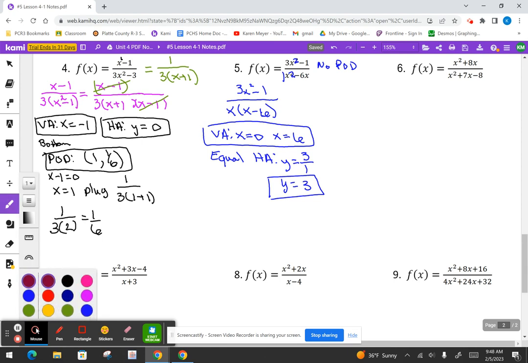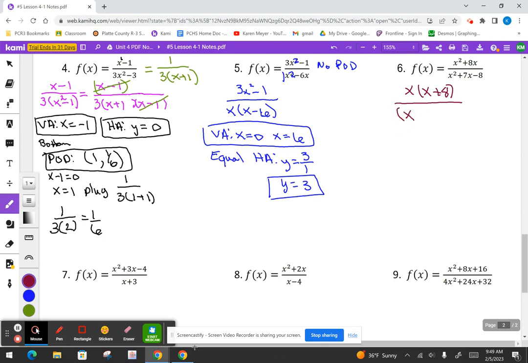Okay, the next one. Take out a GCF of an x on the top. So you have x parentheses x plus 8. On the bottom, you can fast factor. So you're going to have a what multiplies for negative 8 that adds for 7.